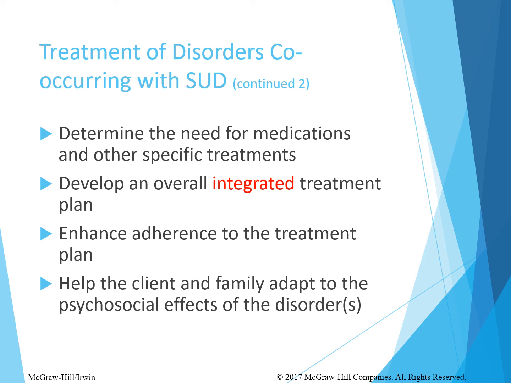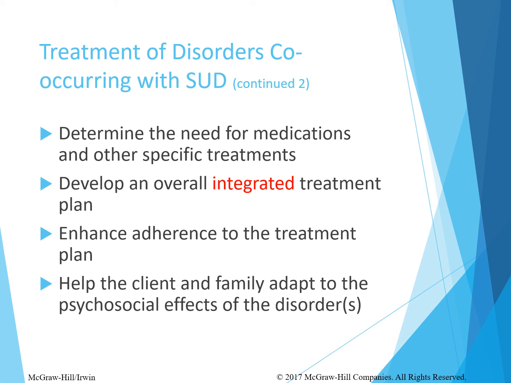So in concurrent treatment, the client would go see the psychiatrist on one day at the MD office and then go to mental health to get their mental health counseling, and then go to county drug and alcohol services all on different days to get their SUD group counseling. That was called concurrent treatment. And as you can imagine, clients were ping-ponging and different providers only had different parts of the story.